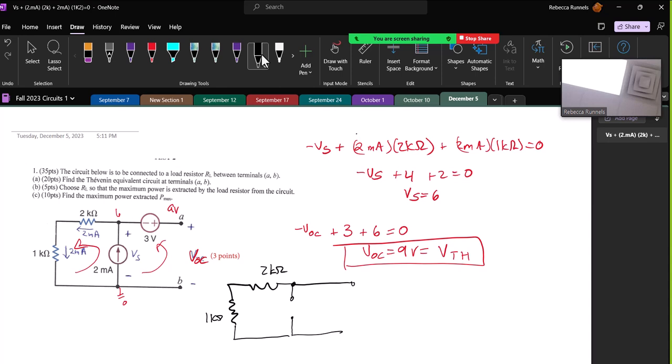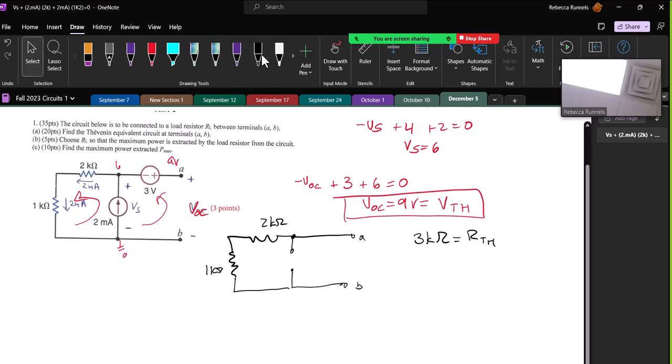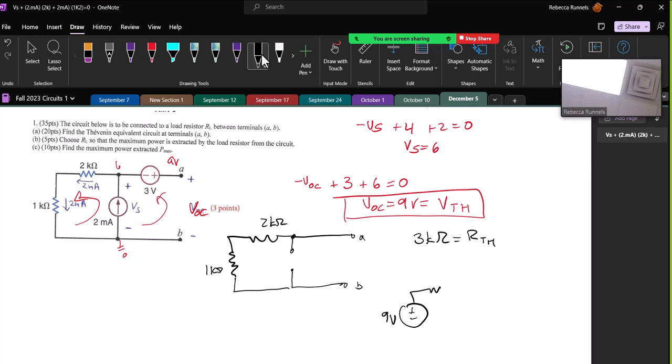And so from the point of view of terminals A and B, the 2 kiloohm and the 1 kiloohm are in series. So this is 3 kiloohm is our Thevenin. So our Thevenin equivalent circuit has a 9-volt voltage source and a 3 kiloohm resistor.